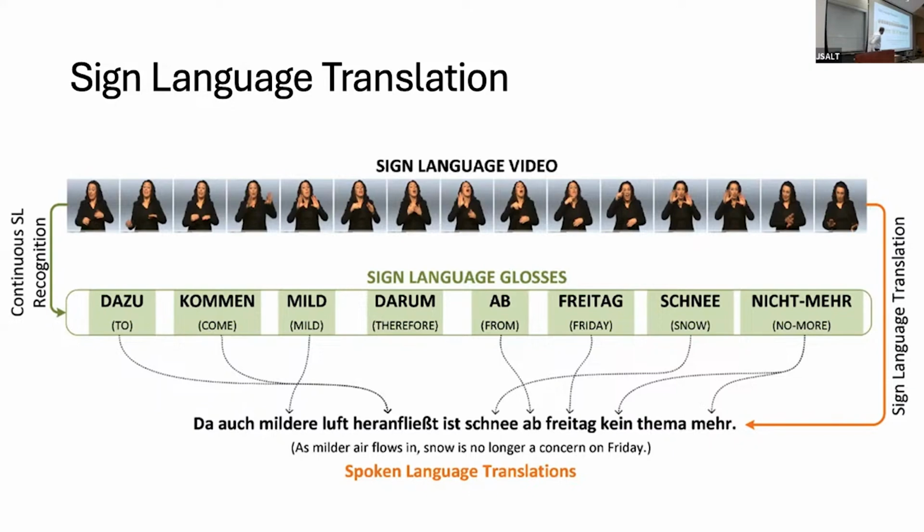And so this is recognition, just classifying the glosses. There are a lot of datasets for isolated sign language recognition, where you only perform one sign and you classify the whole clip into one class out of many. This is continuous recognition. So you have to find the segments where the sign starts and ends, but you have a one-to-one mapping, let's say.